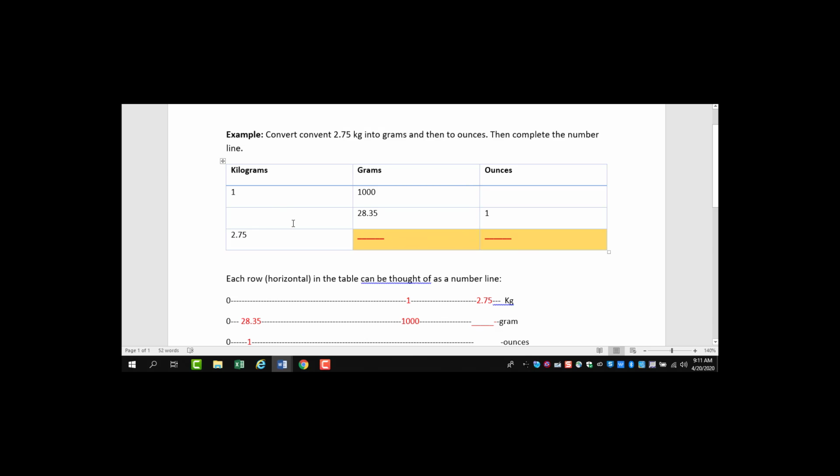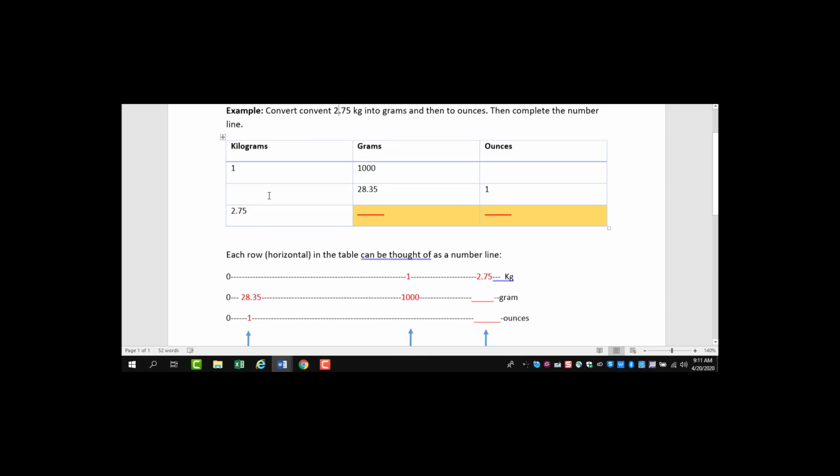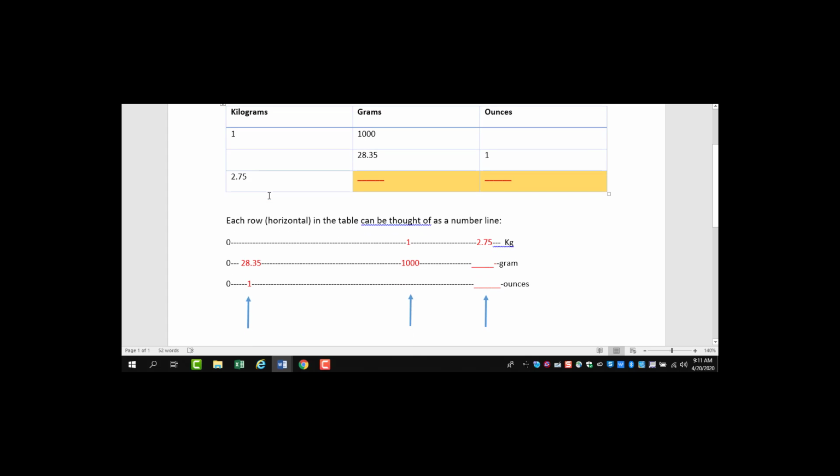Now the way to read these tables is each row is an equivalency. I put these on a number line right here, just to show you. So 1 kilogram is the same as 1,000 grams, and that's right here.